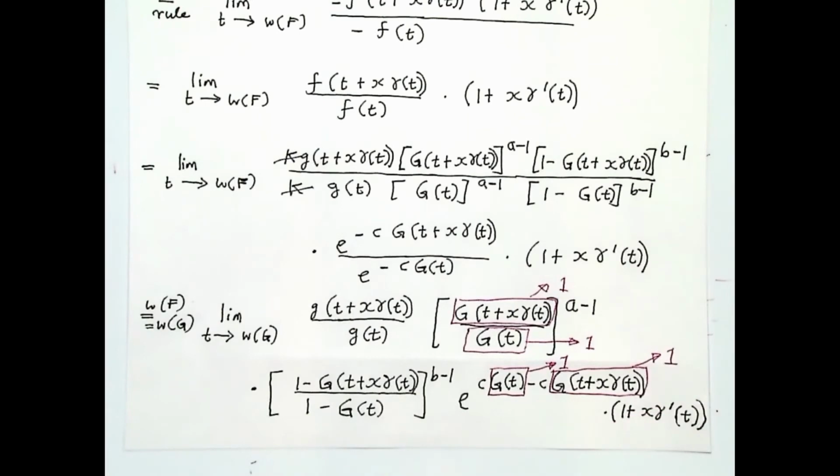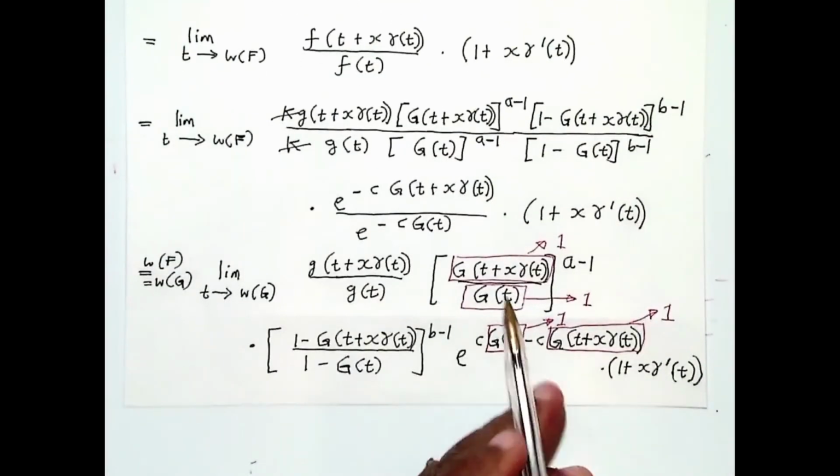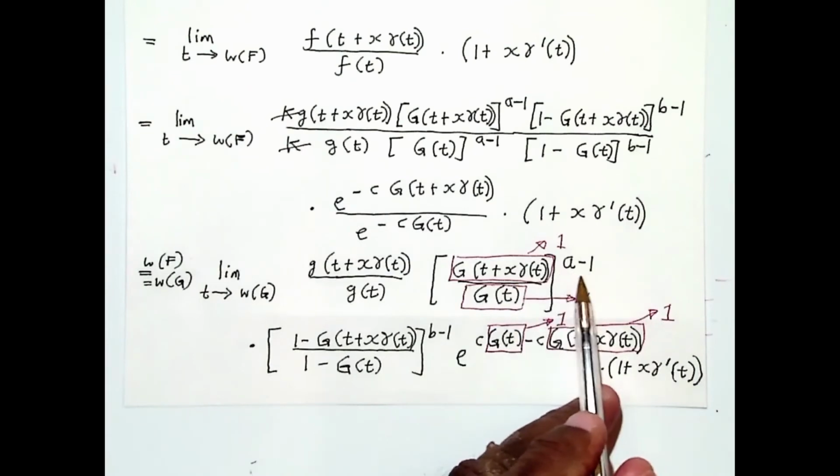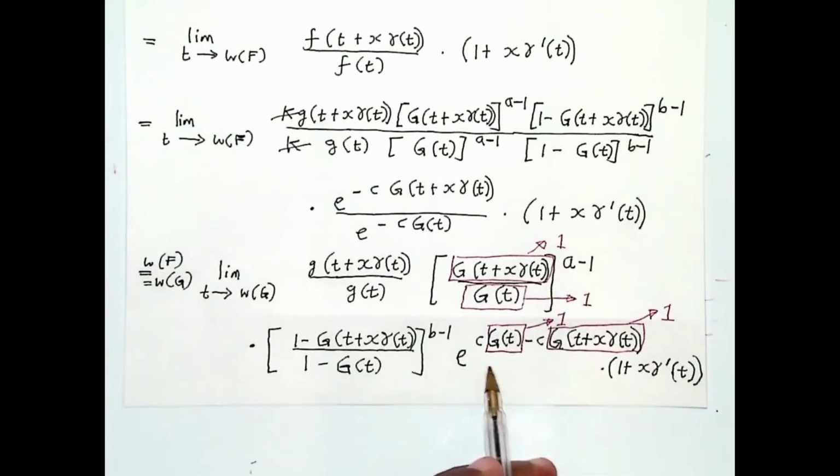Okay, so you see here that you have 1 divided by 1, which is 1, power a minus 1, also 1, and here you have c minus c, which is 0, and e to the 0 is 1. All right, so a few things simplify.